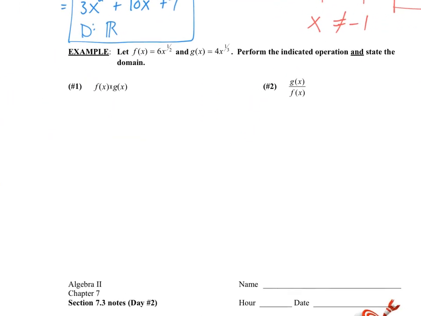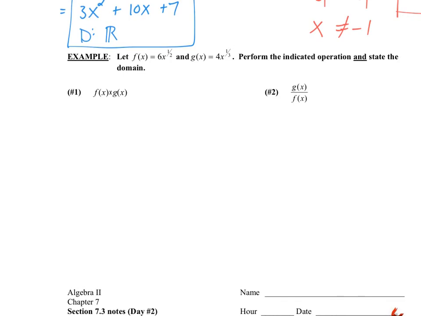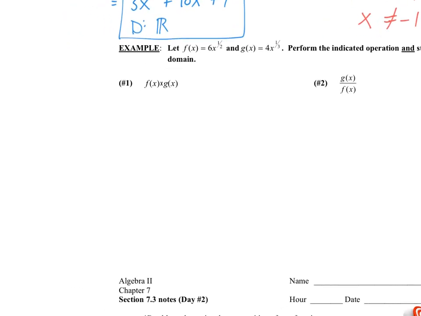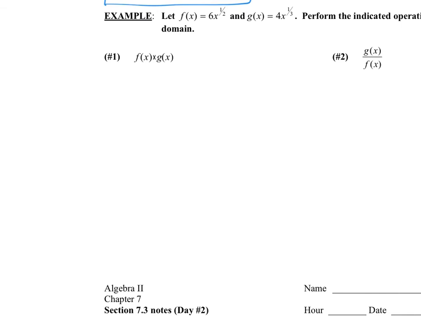Okay, and then we got two more. Perform the indicated operation and state the domain. So f of x is 6x to the 1/2 times g of x, which is 4x to the 1/3.